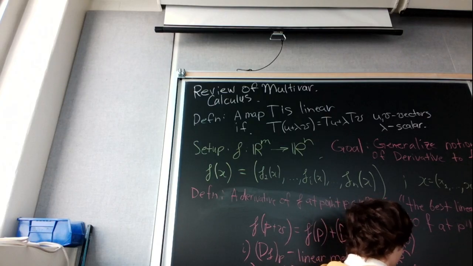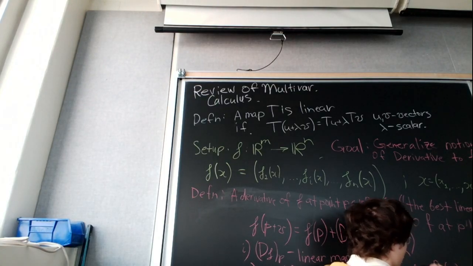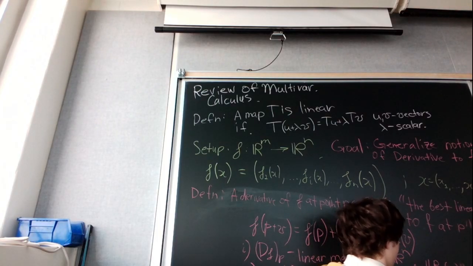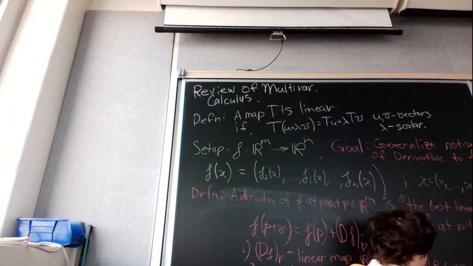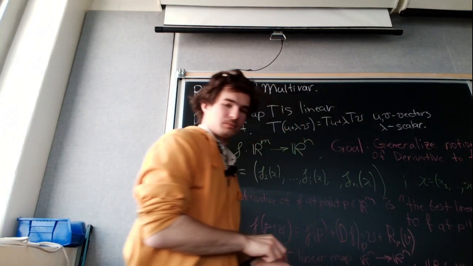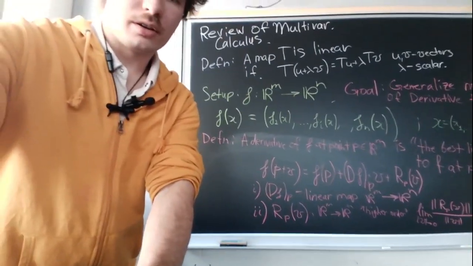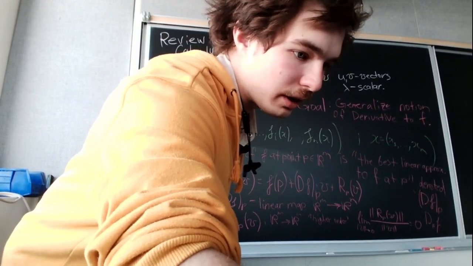Meaning that if I look at Rp of v, take the norm, divide that by the norm of v, and take the limit as the norm of v goes to 0, then this limit goes to 0. Okay. So this is our new notion of what a derivative is.